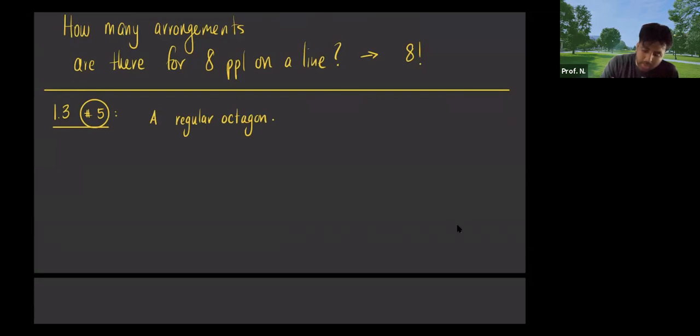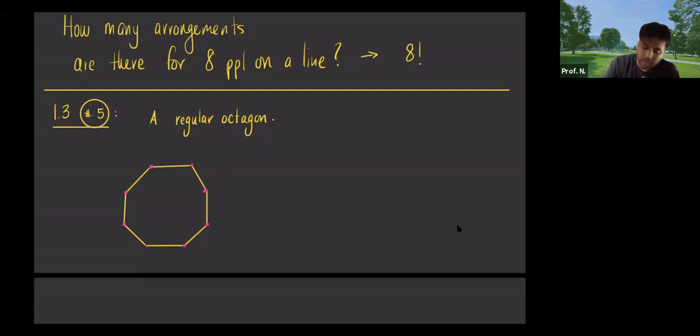Let me try to draw this thing. So this is 1, 2, 5, 6, 7, 8. Okay. So this is my octagon, of course not drawn to scale. Regular means that every angle inside and every edge is the same.